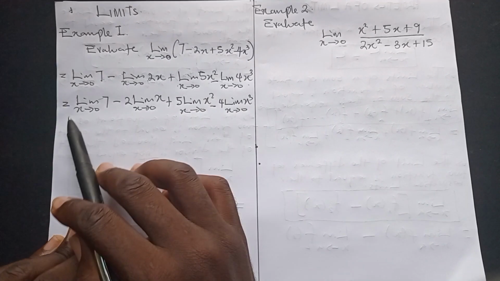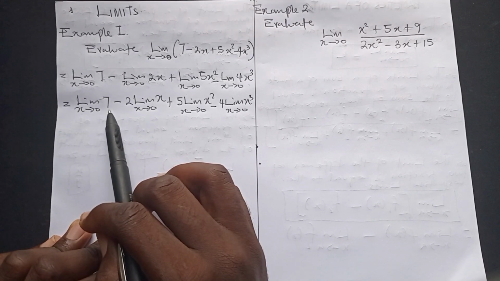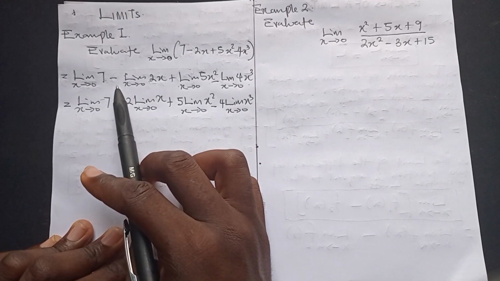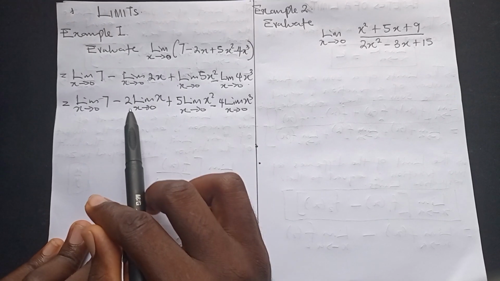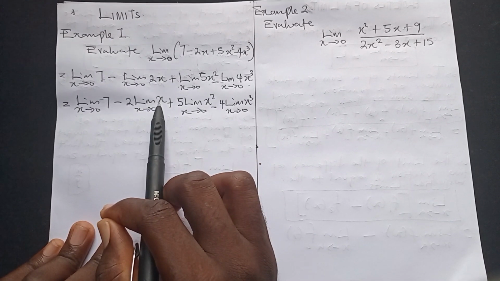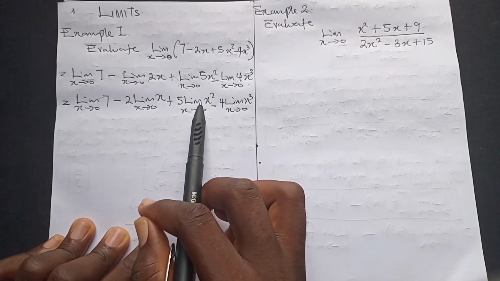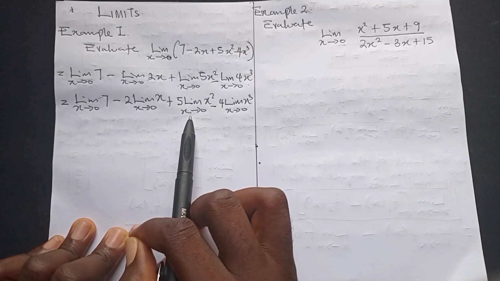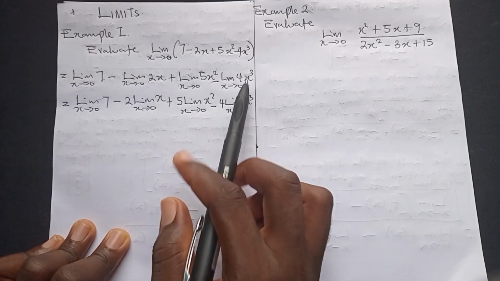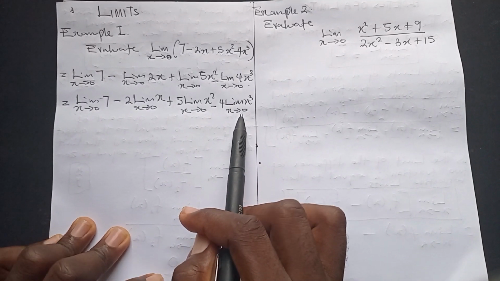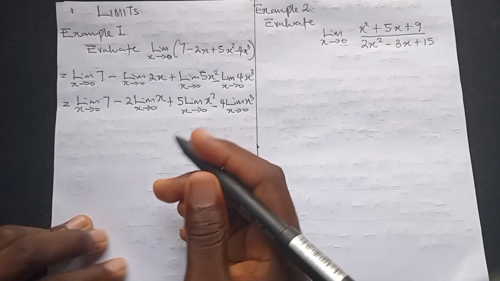So now this is equal to lim 7 when x tends to 0. You take the 2 to the front of the limit. So we have 2 lim x when x tends to 0, plus 5 lim x squared when x tends to 0, minus 4 lim x cubed when x tends to 0.